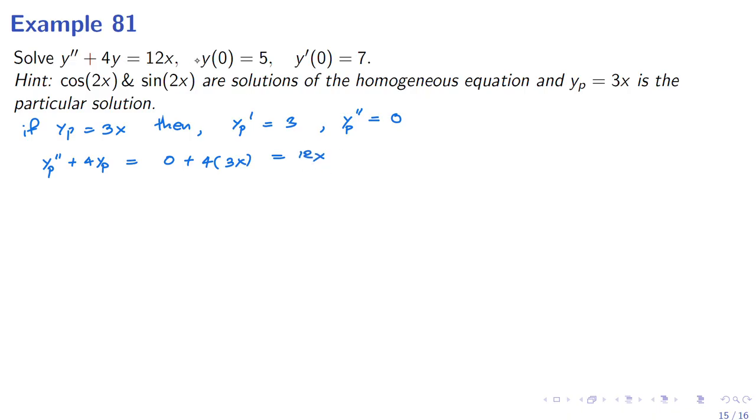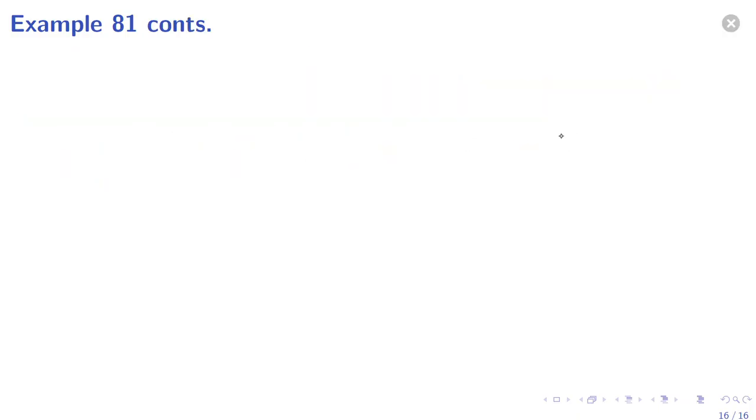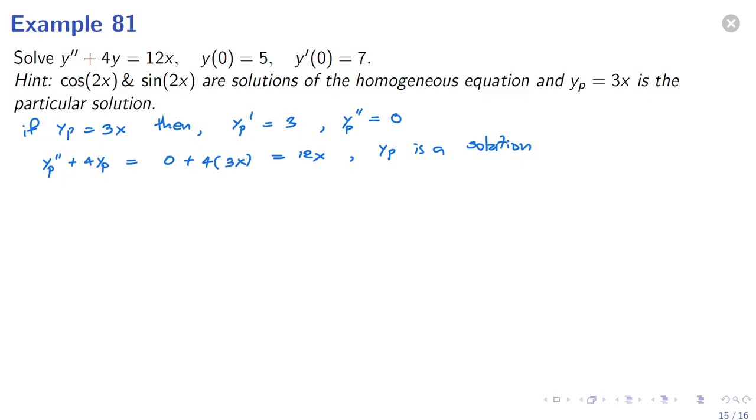So that's the right hand side. That means yp is a solution of our non-homogeneous equation. So yp is the particular solution.